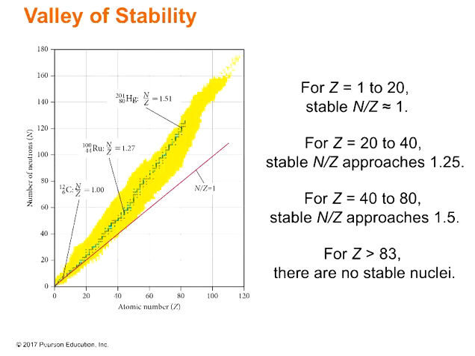And then for elements 20 to 40, that ratio should be about 1.25. And then for elements 40 to 80, that should be about 1.5. And then for anything with more than 83 protons, that is unstable.